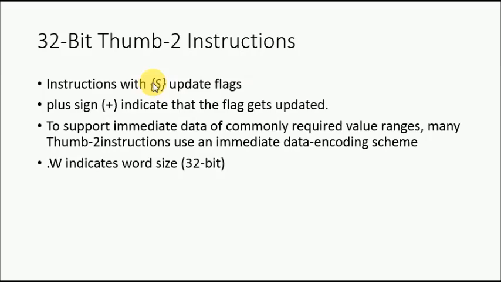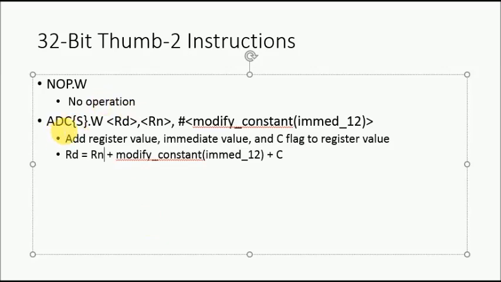Now, to support immediate data of commonly required value ranges, many Thumb-2 instructions use an immediate data encoding scheme. .W indicates word size, that is 32-bit. So every Thumb-2 instruction has the extension .W. NOP.W, that is no operation. ADC{S}.W Rd, Rn, #modify constant, immediate 12-bit.